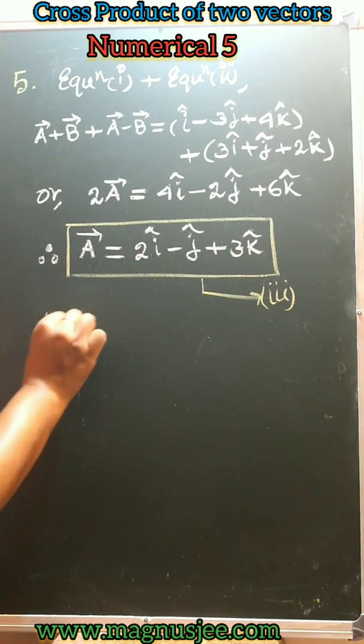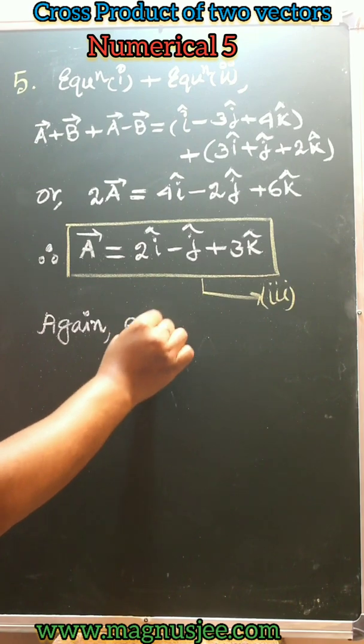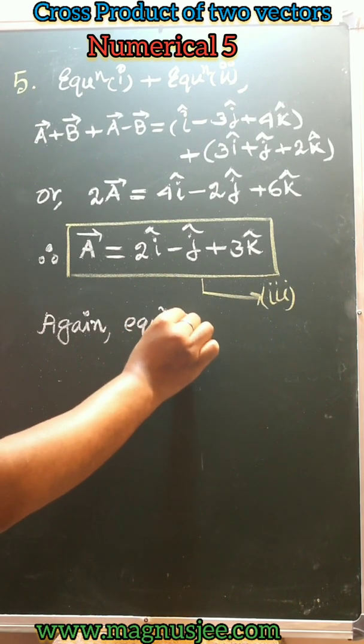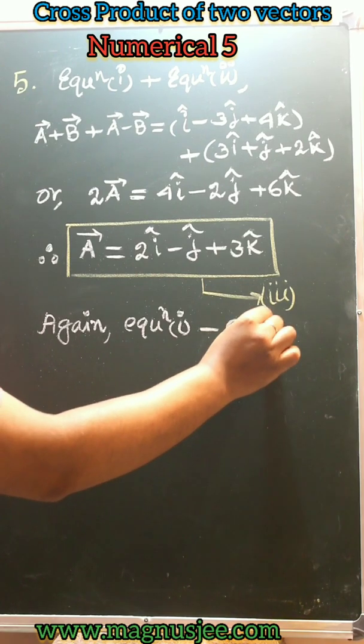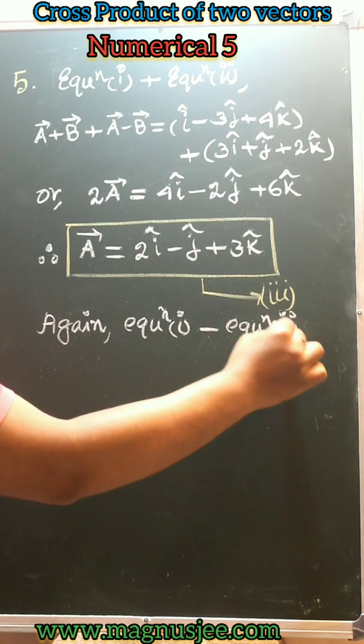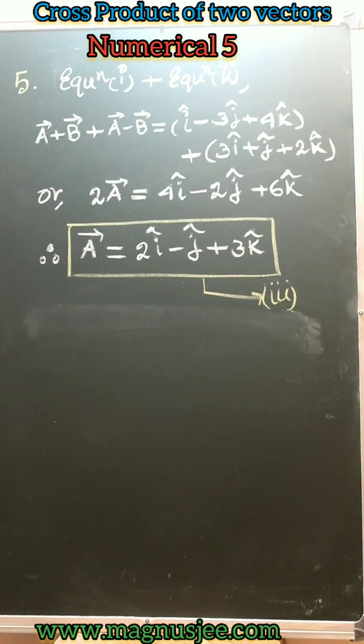Now subtracting equation 2 from equation 1, again equation 2 minus equation 1, equation 1 minus equation 2, that is incorrect.